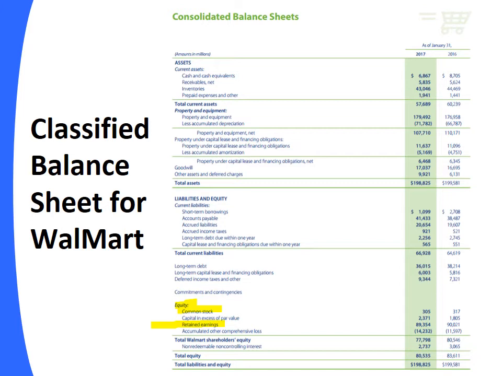I want you to take a look as well, and this is always a surprise to intro students. These amounts are in millions. So what this is telling us is that Walmart has $198 billion in assets, about $67 billion, that's with a B, in current liabilities.